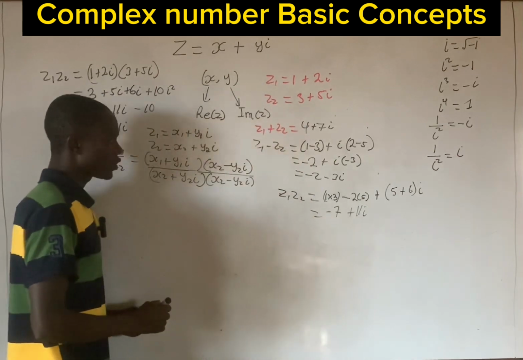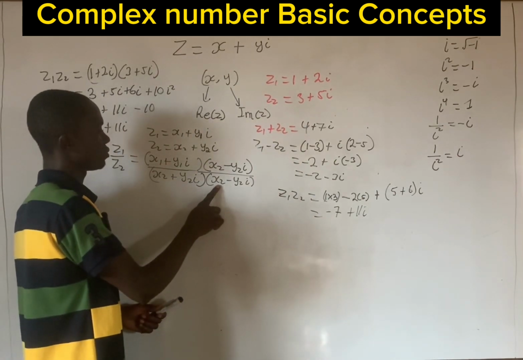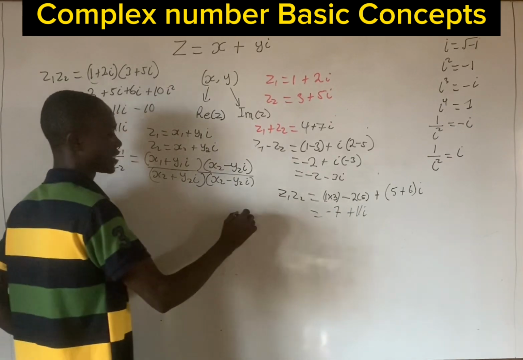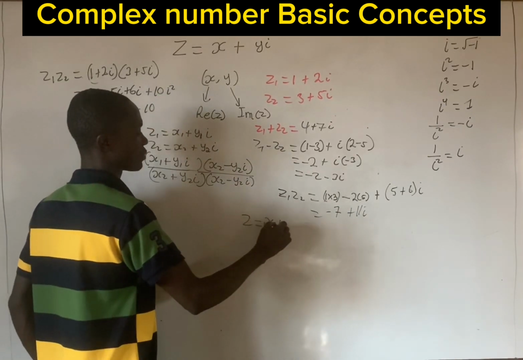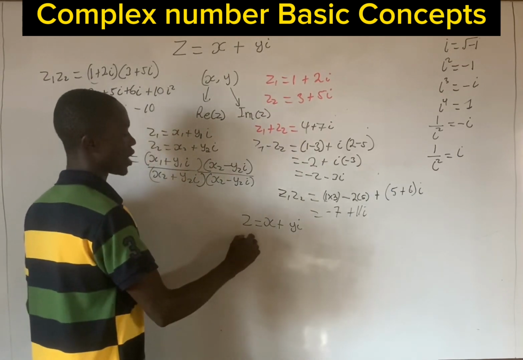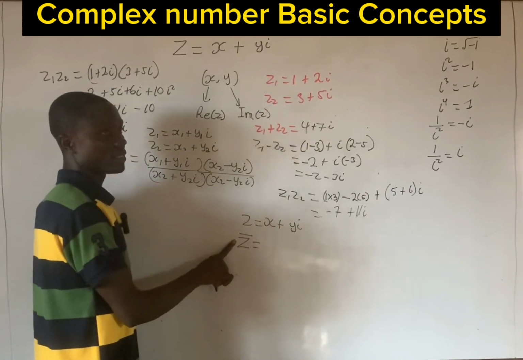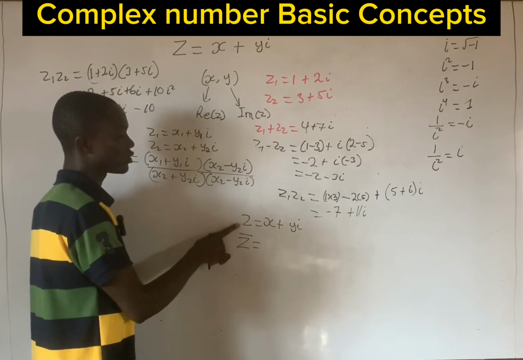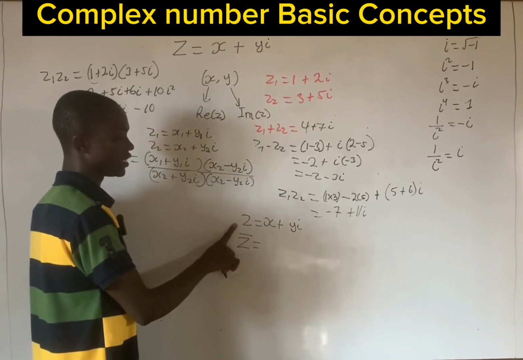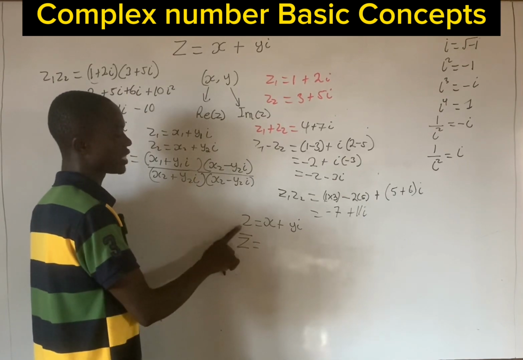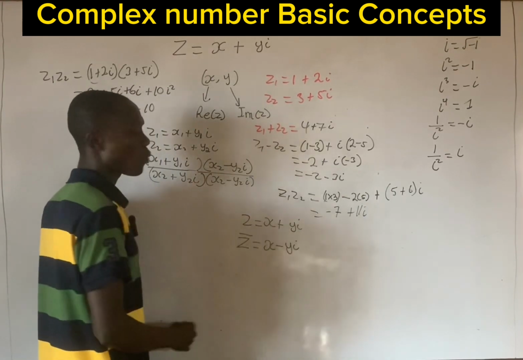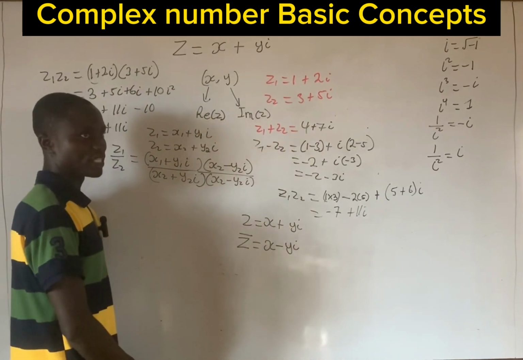Now, what is x2 minus y2 i? If you have a complex number z equals x plus yi, then we talk about z bar. Z bar is called the complex conjugate of z, and the complex conjugate of this z is given by x minus yi.